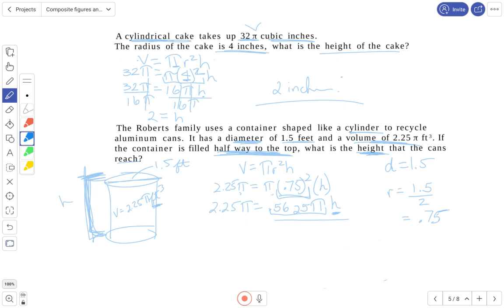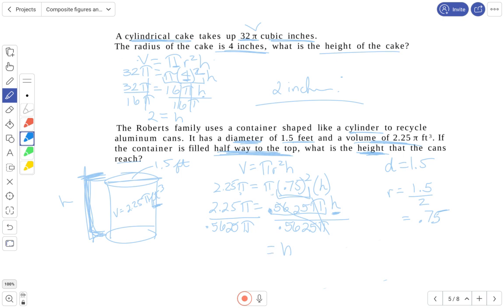Everything is connected through multiplication, so I'm going to get rid of the 0.5625 pi by dividing everything by 0.5625 pi. Now, on the right side, everything will divide out and you get h by itself.